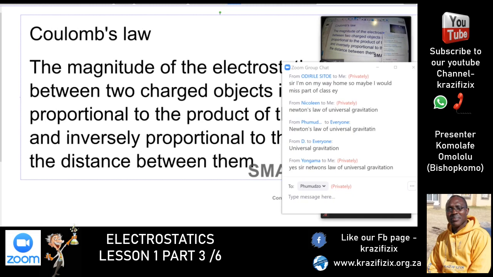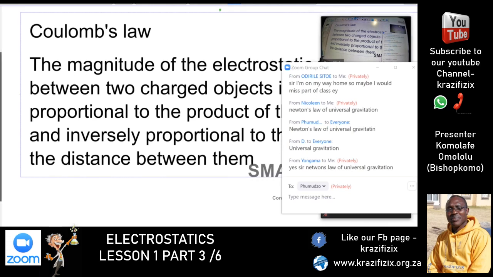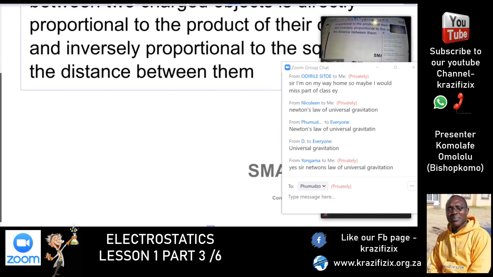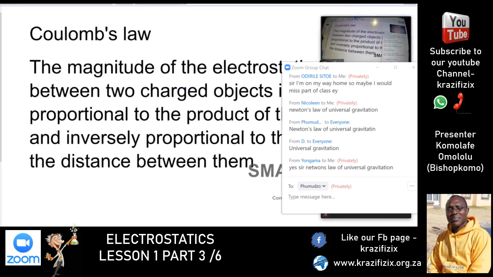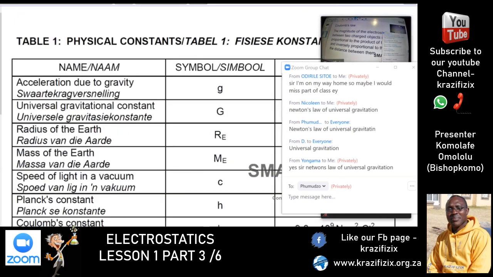The magnitude of the electrostatic force between two charged objects is directly proportional to the product of their charges and inversely proportional to the square of the distance between them. What is my formula going to be? Again, readily available on the formula page. I'm going to take you through the formula page and write it from there.